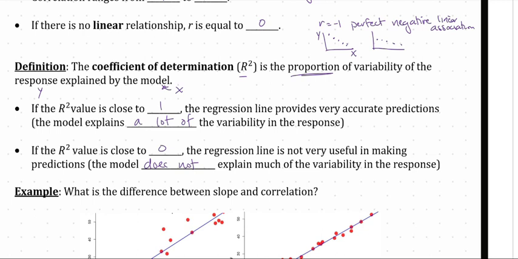If the correlation, however, is pretty close to 0, then that means the r squared value is close to 0. If we have a weak linear association because the correlation is close to zero, then the model is going to do pretty poorly in making predictions, and we'll have an r squared close to zero.